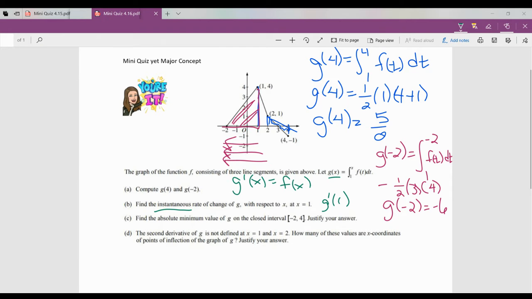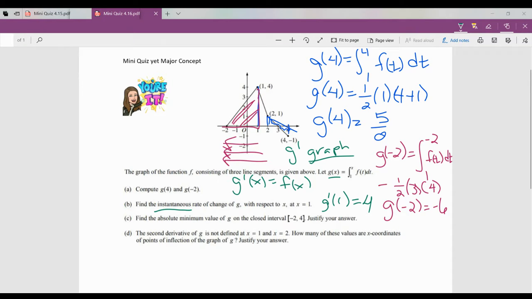So this is actually the graph of g prime. So if we want to know what is g prime of 1, that's saying what's the graph at 1. So at 1, the graph is at 4. So g prime of 1 equals 4.